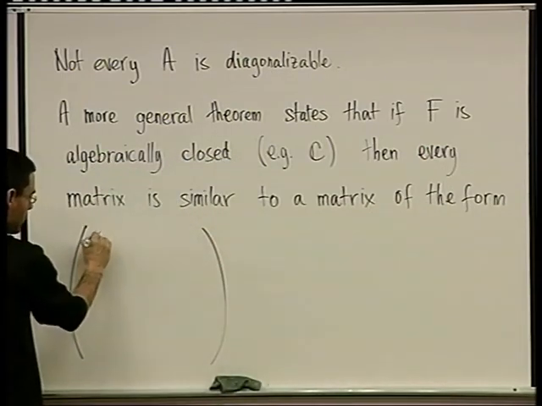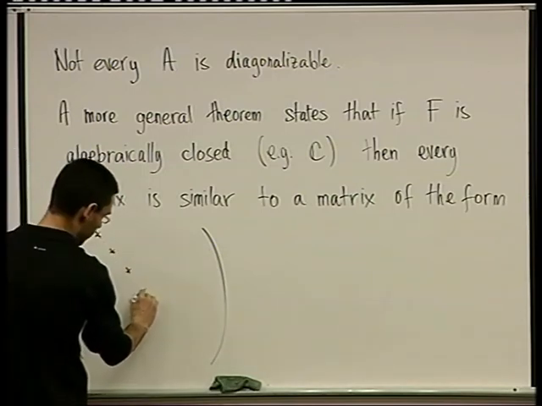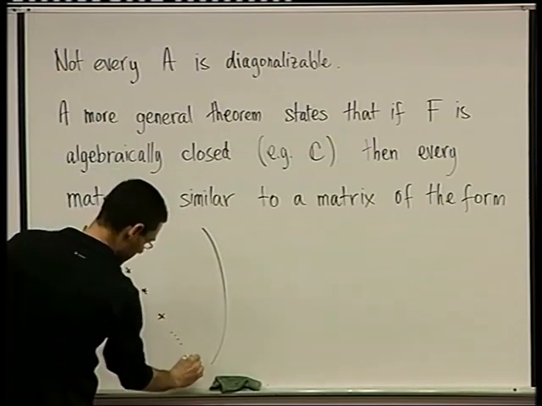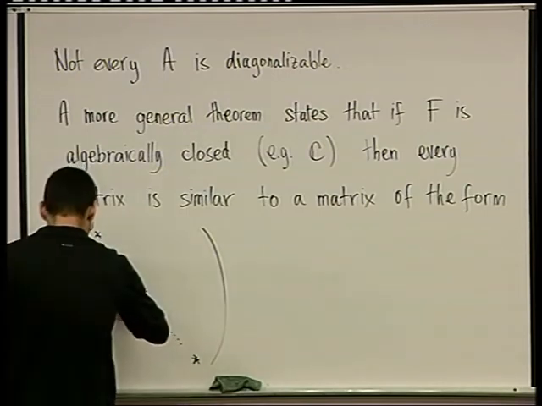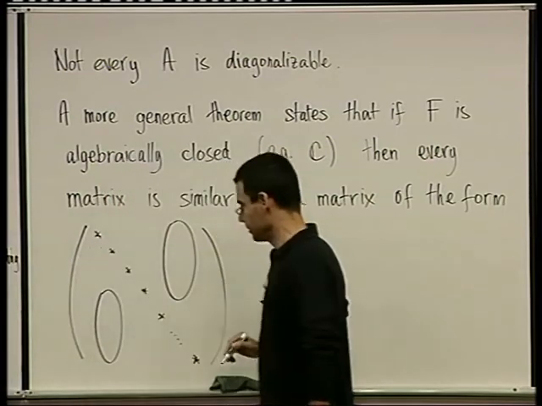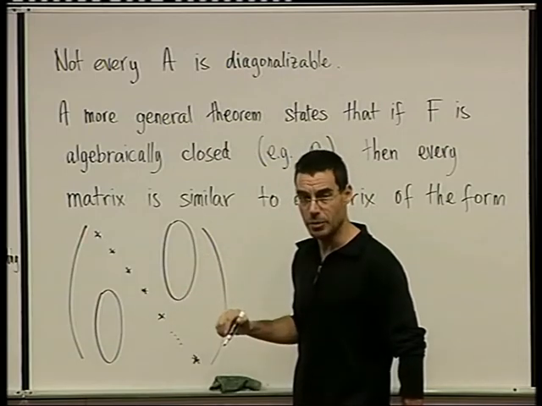It's going to have entries along the diagonal. These entries are what we have in a diagonal matrix as well. It's going to have zeros off the diagonal. So if I would stop here, it would be just a diagonal matrix.